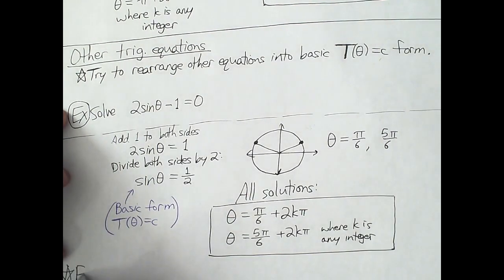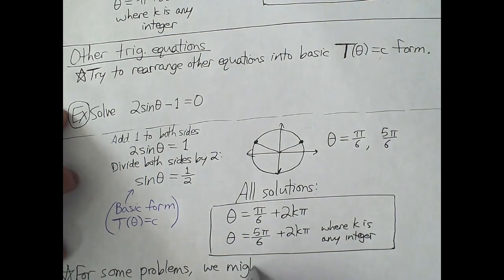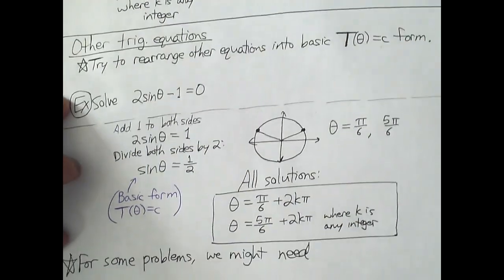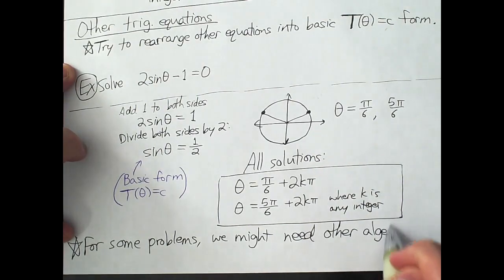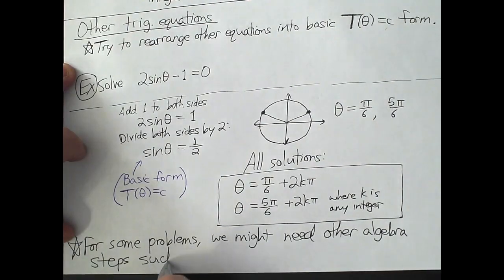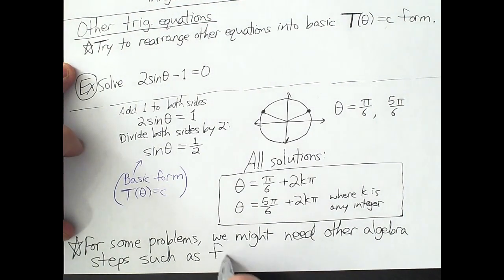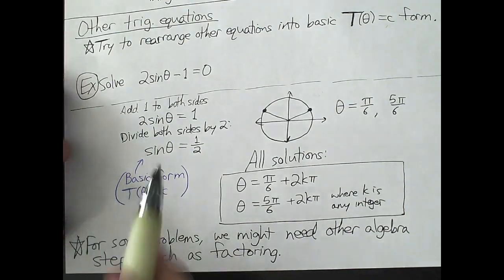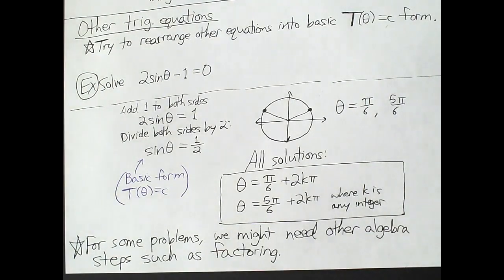I'm also going to say that for some problems, we might need other algebra steps, such as, what do you think is a popular algebra step? Factoring. Yeah, that's what we'll need for some problems. I mean, factoring wouldn't really help with the one we just did, but I'll show you a problem where factoring is going to help.